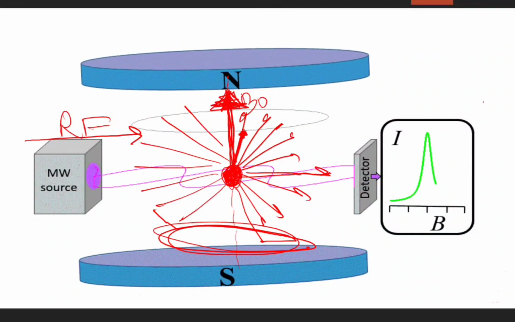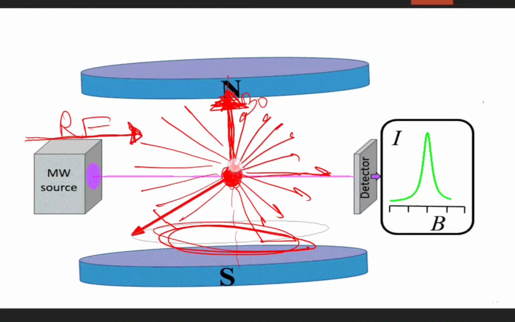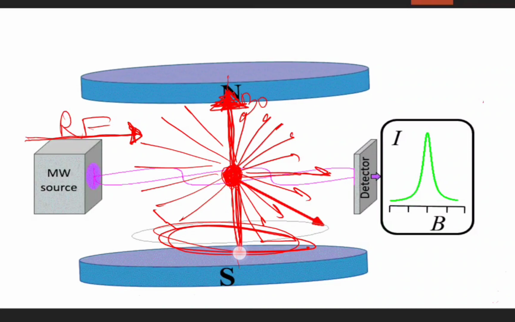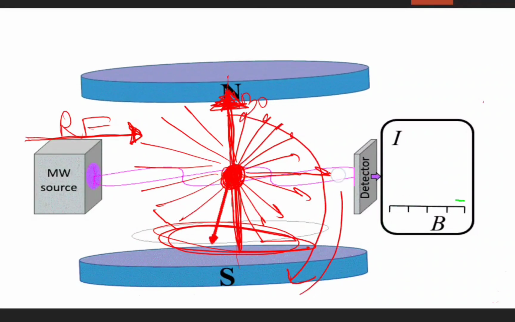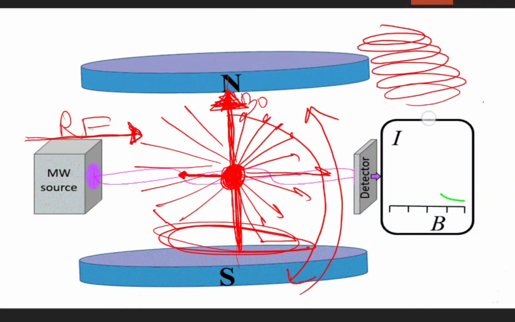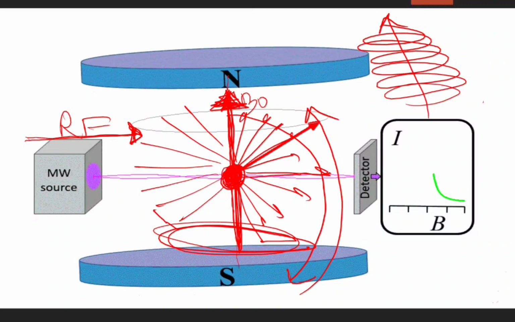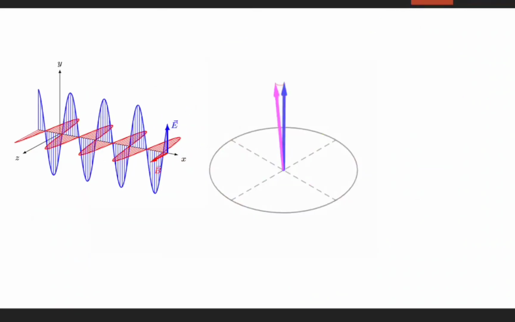You can see in this animation we applied the RF, and this vector flipped here, again going back, but the movement is a helix movement, a spiral movement, so it's a little tricky to understand, but this animation is making it clear.